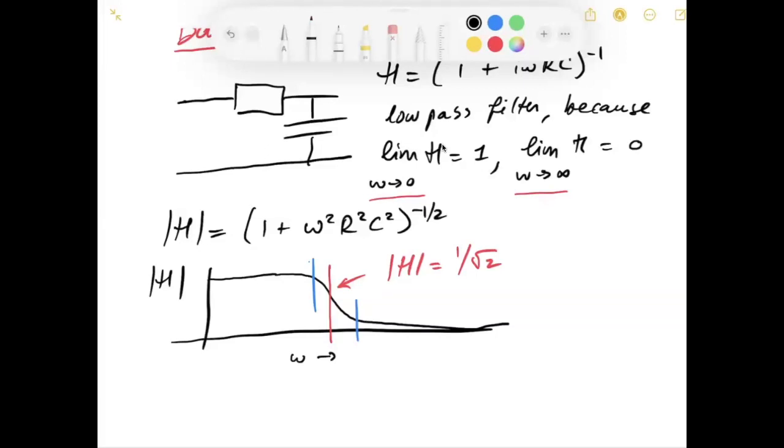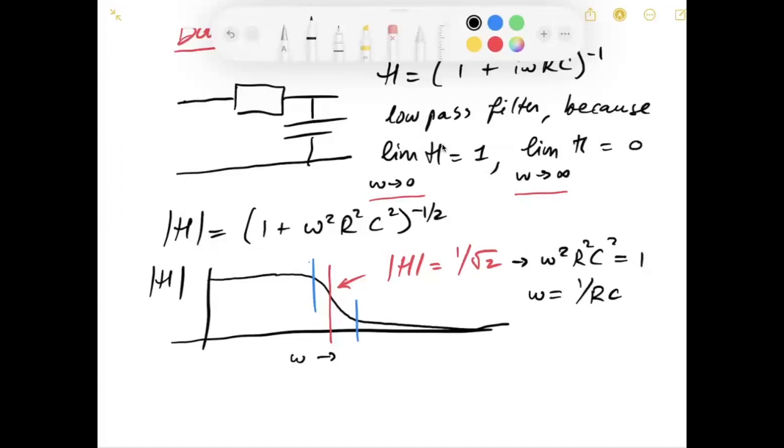So that means you have 1 plus omega squared R squared C squared is 2, which means omega RC is 1. Sorry, I wrote this down too fast. No, that's correct. So omega is 1/RC.